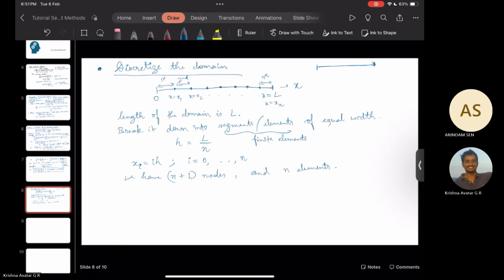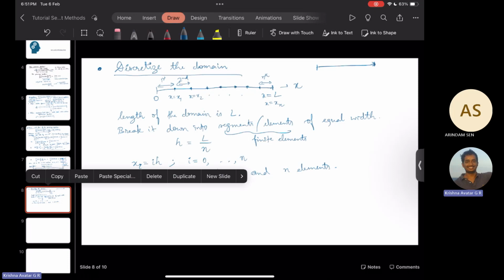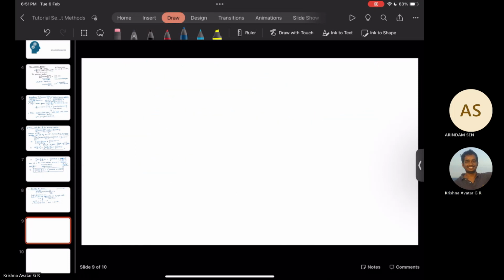Fine. Now once we have discretized the domain, let's consider one element at a time. Now pick an element.